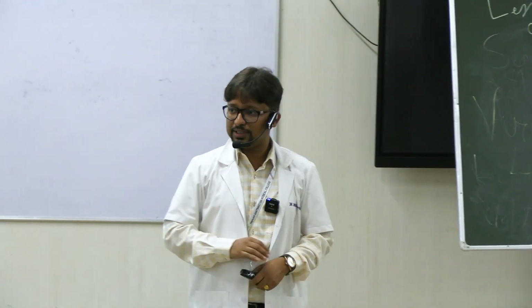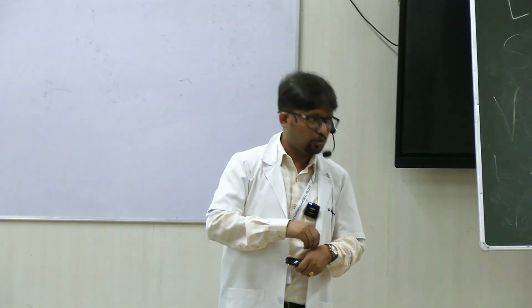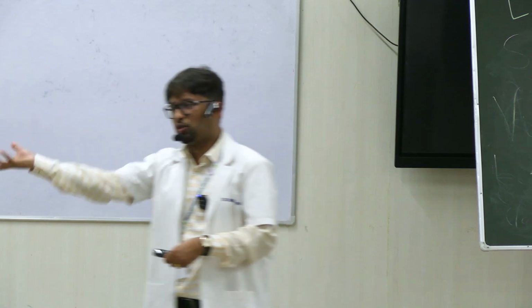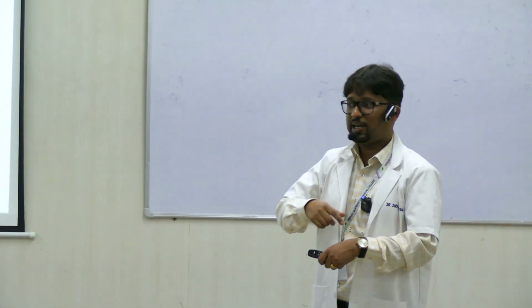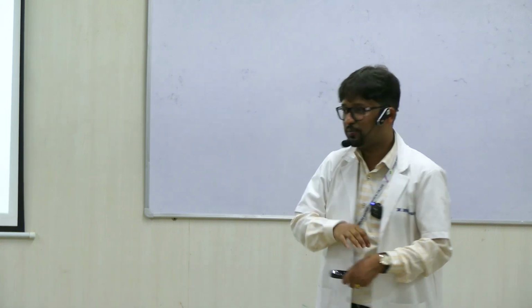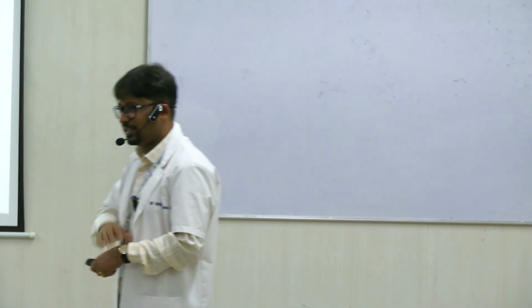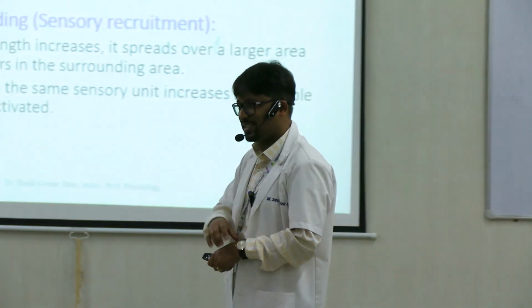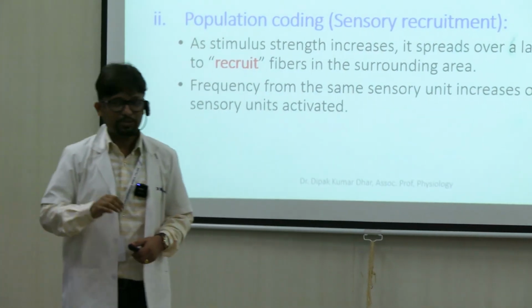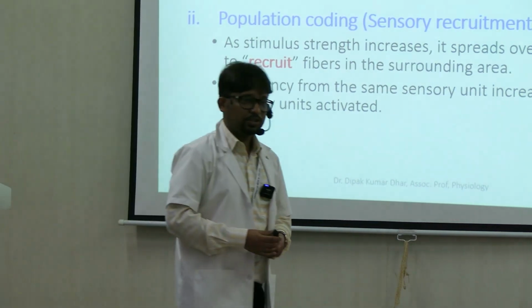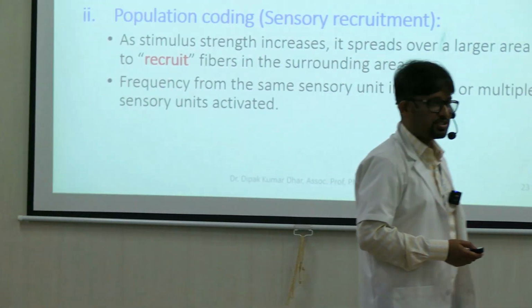It may also happen that the stimulus is stronger, but not so strong that it involves the surrounding sensory units. It can involve surrounding receptors in the same sensory unit. But even then, the impulses going from that same sensory unit will increase. So that is how the brain understands what the intensity of the stimulus was.